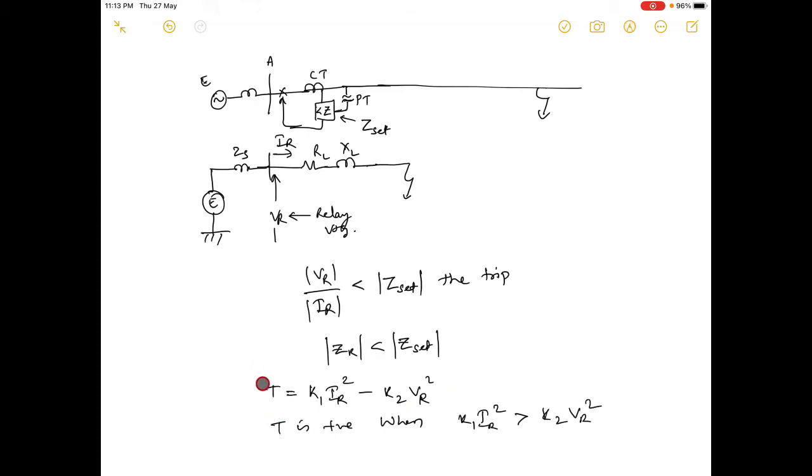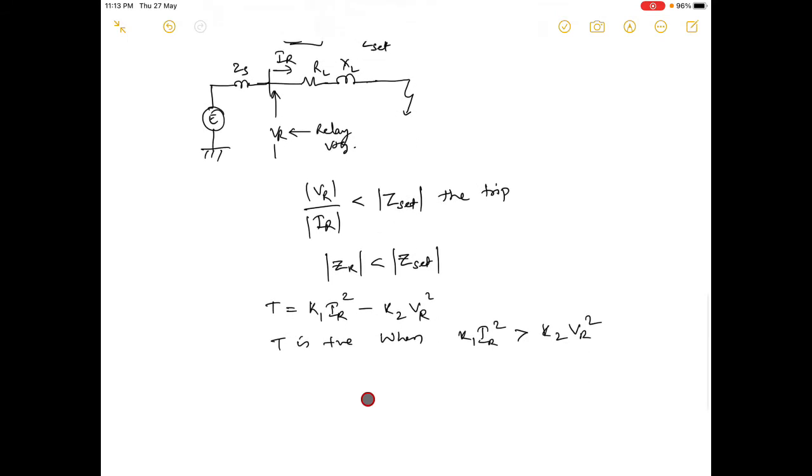When torque is positive, then only the relay will trip, right. Torque has to be exerted. So it will be positive when this is greater than this, because this is a negative term. Or you can write it as K2 VR square less than K1 IR square.